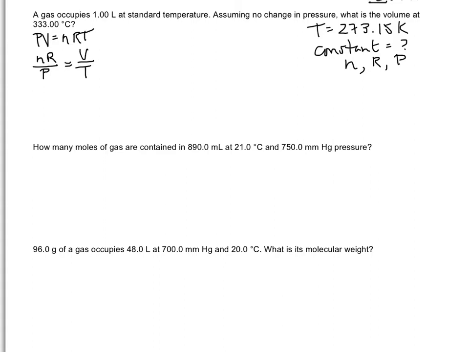And as we saw in the last problem, since these are all constant, that means that the first volume divided by the first temperature, V1 over T1, has to equal V2 over T2, because in both the starting conditions and the end conditions, the n, R, and P will be constant.